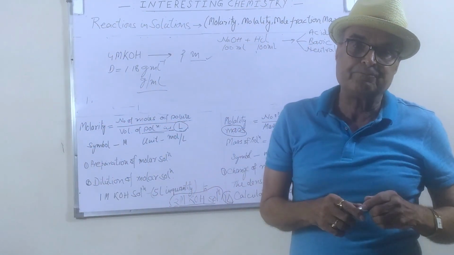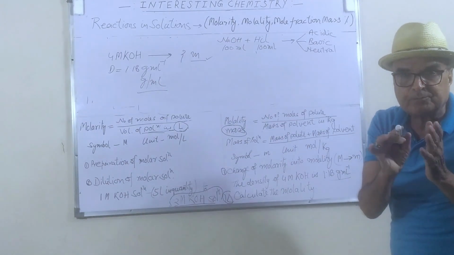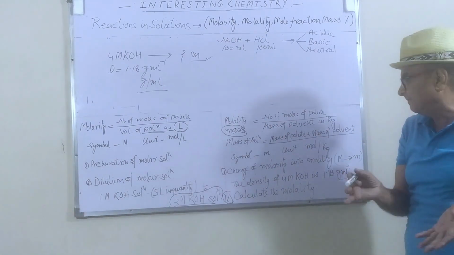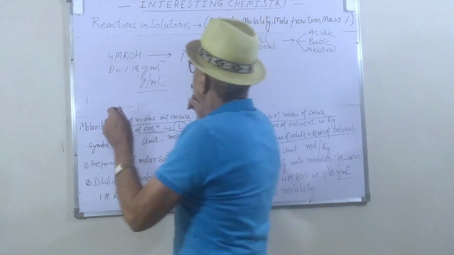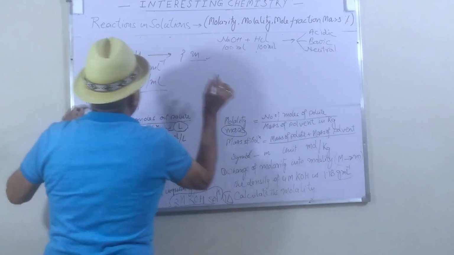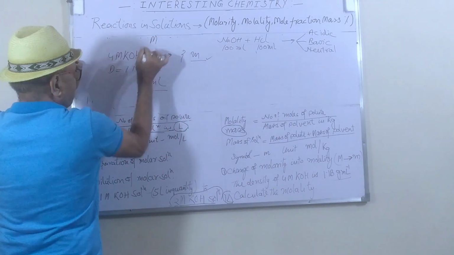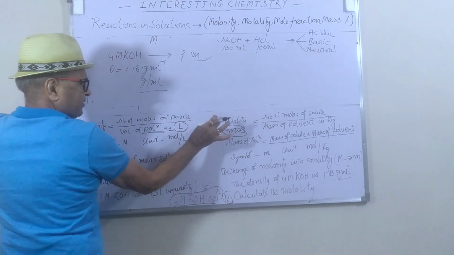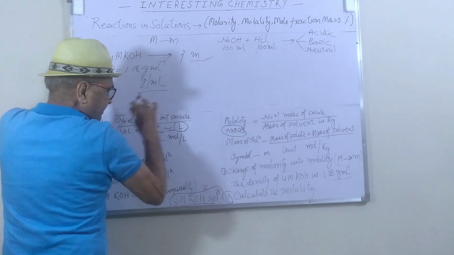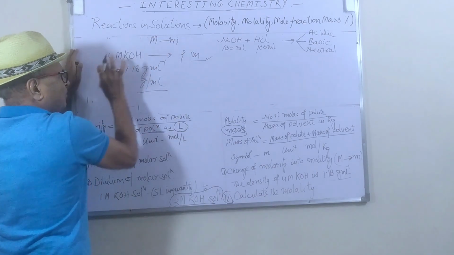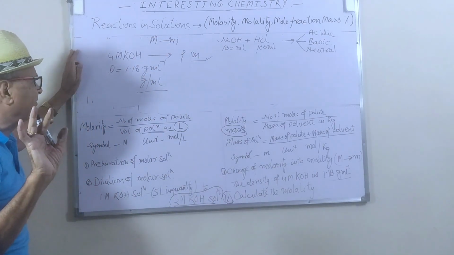Such type of question has been asked in your examination. How will you change this M into m? This M stands for molarity and this m stands for molality. The reverse is not so simple, changing molality into molarity is very difficult, that is another case.